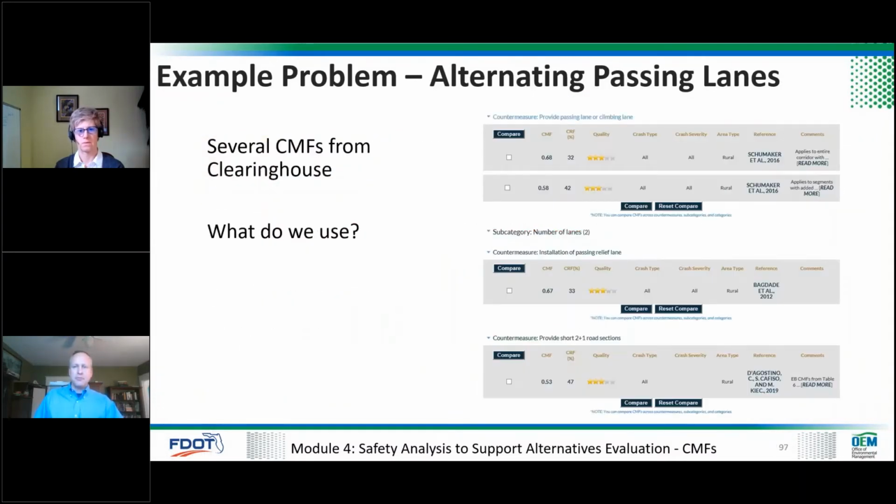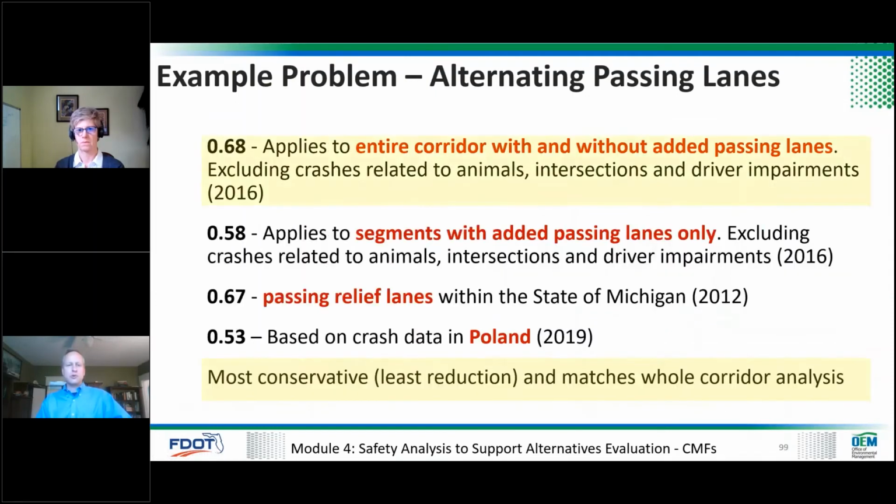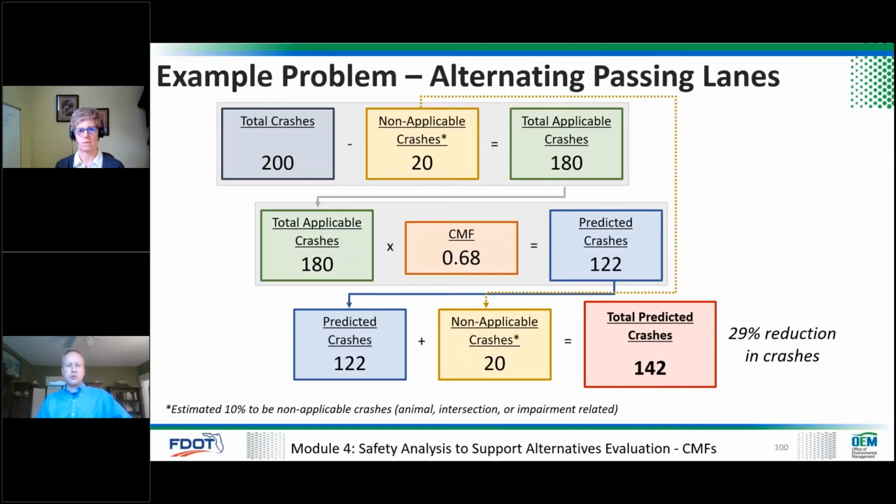There was a question about how we estimated the number of non-applicable crashes. In this example we're just estimating 10%, but in a realistic scenario you would estimate that based on the details of the crashes.